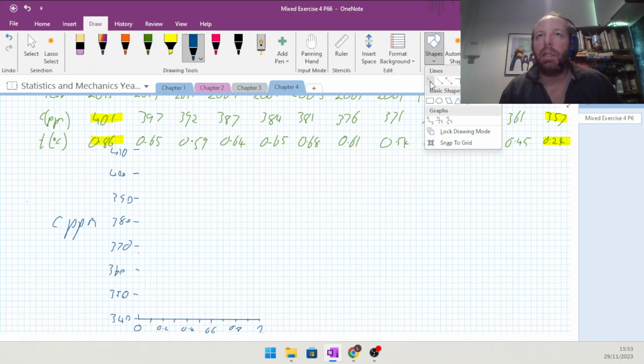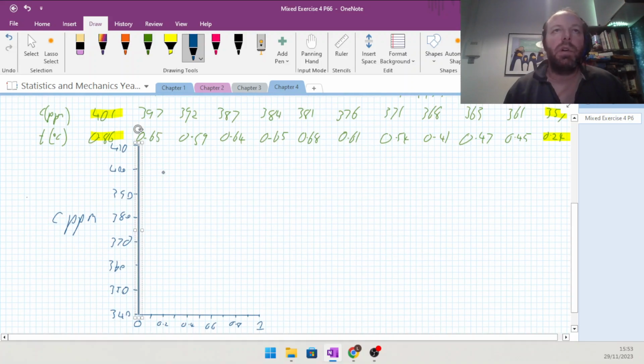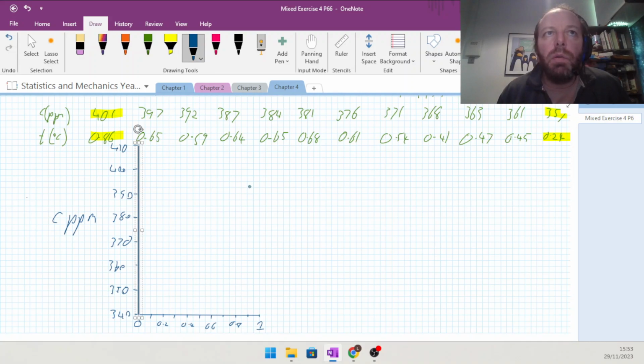Okay, now to start plotting the points with just little crosses. Right, 401 and 0.86. Okay, 401 would be, is it on that line? Somewhere about there. Then 397.65, 397.